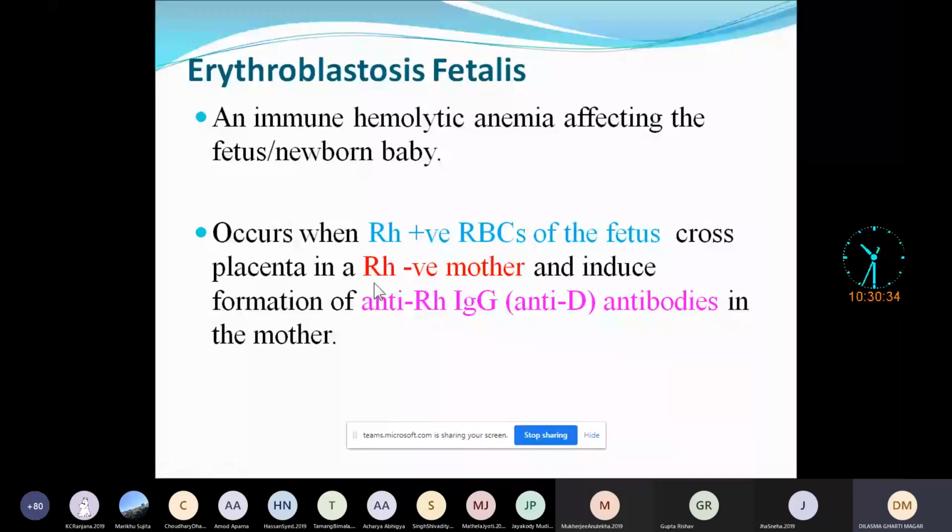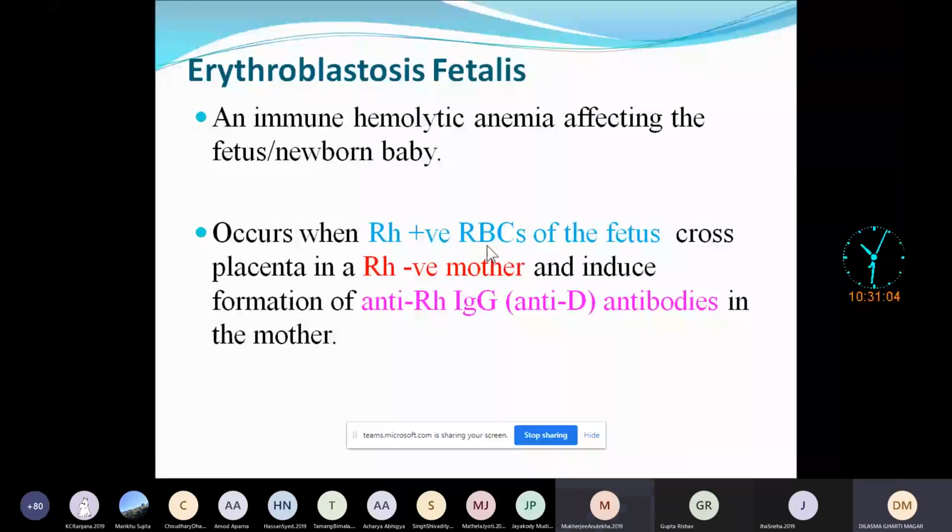Understood here? Those are known as the anti-Rh antibodies or the anti-D antibodies, and these are the immunoglobulin G type. And so whenever these anti-D antibodies are formed in the mother's circulation, she will be sensitized, and then the antibodies will go to the fetus and cause the lysis of the RBCs of the fetus. Did you understand a little bit?